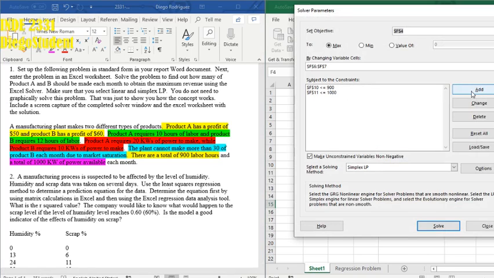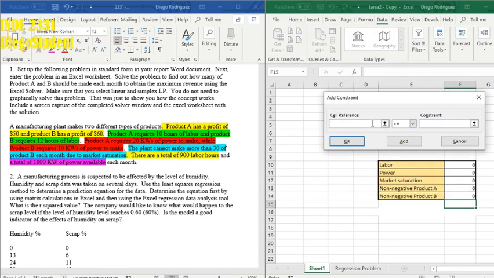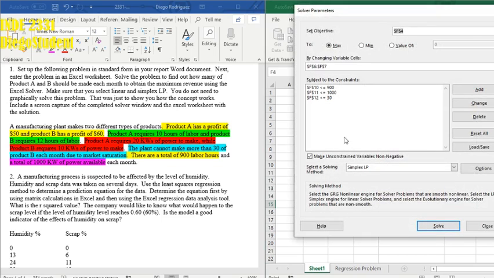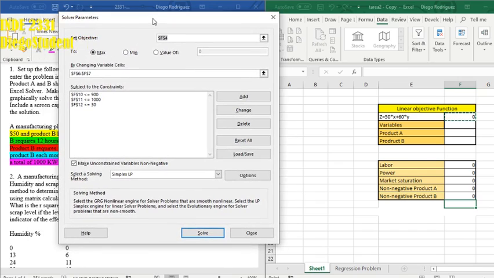Then we're gonna put the market saturation. Market saturation, we said it has to be less or equal than 30. Okay. And we have the non-negative product A and B. To understand this, the main reason why we have this is because we cannot have negative numbers when you make products.